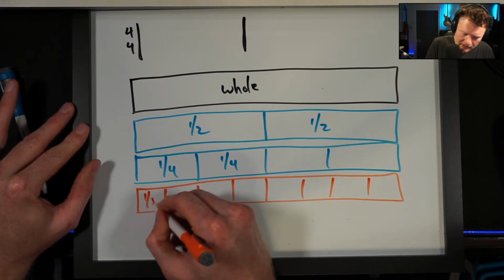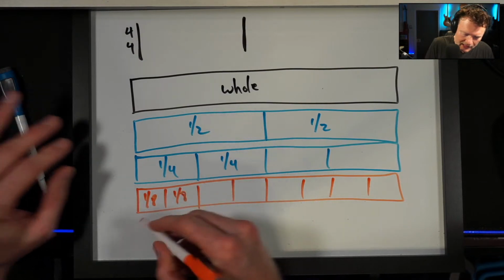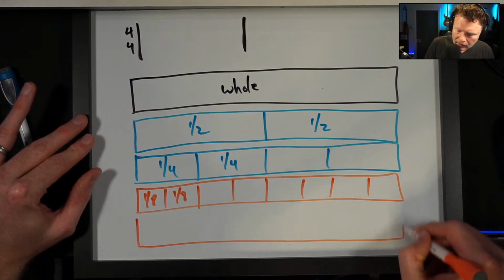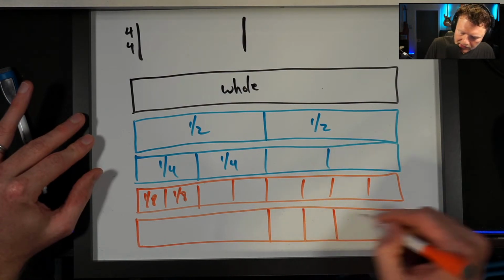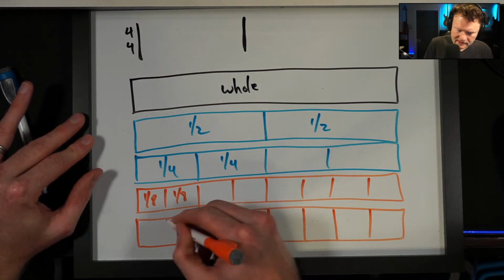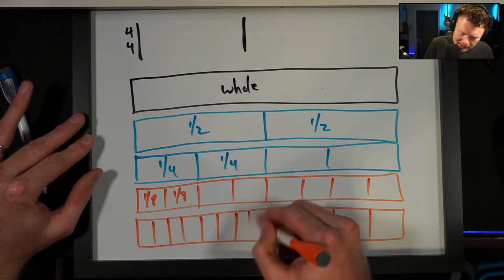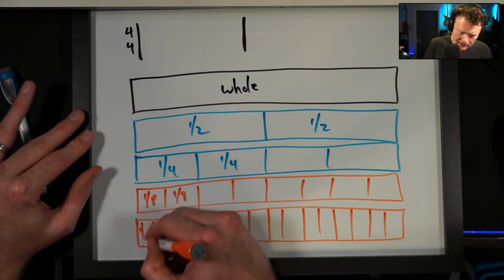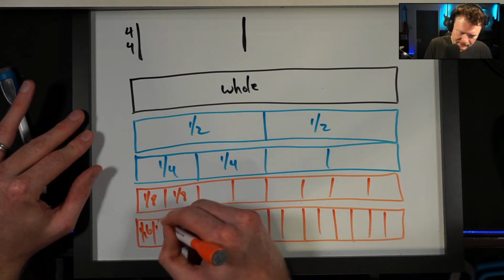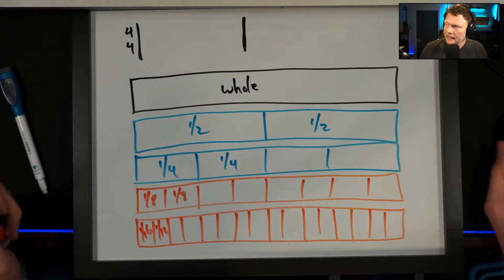So these are all eighths here. And then finally down here, you've got your party where you're cutting everything up into 16ths. So it's like this kind of thing rolling out. So these are 16th slices. Okay, follow there.